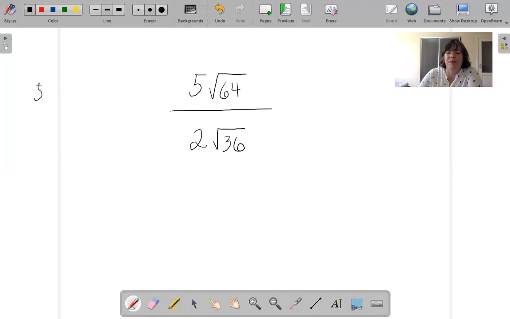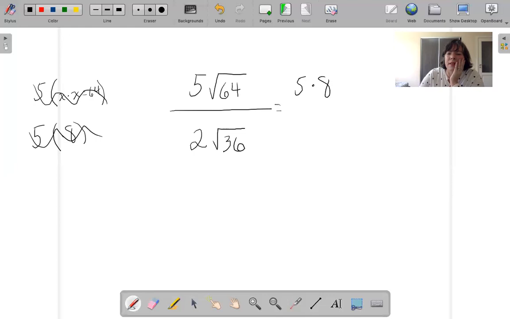This is 5 times, what is x plus x equals 64? That's 5 times 8, over x times x equals 36, so that's 6. 2 times 6. 5 times 8 is 40. 2 times 6 is 12.